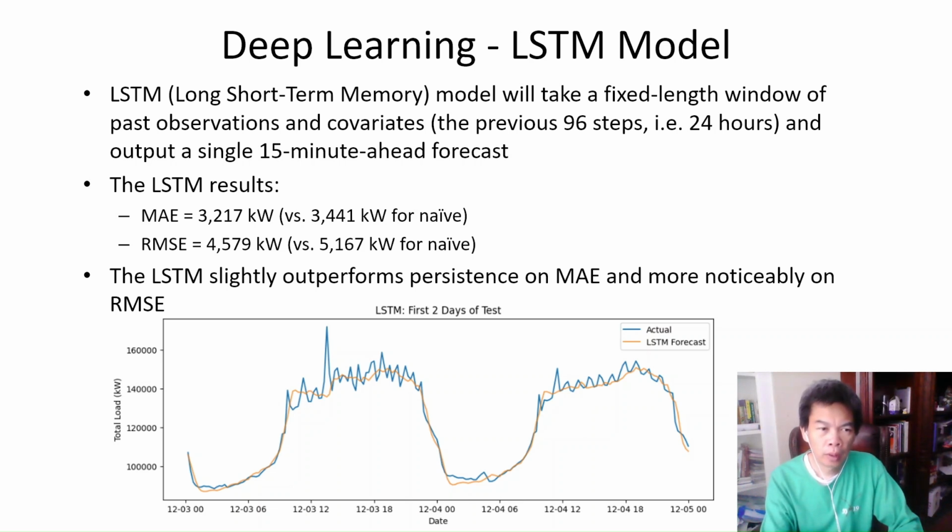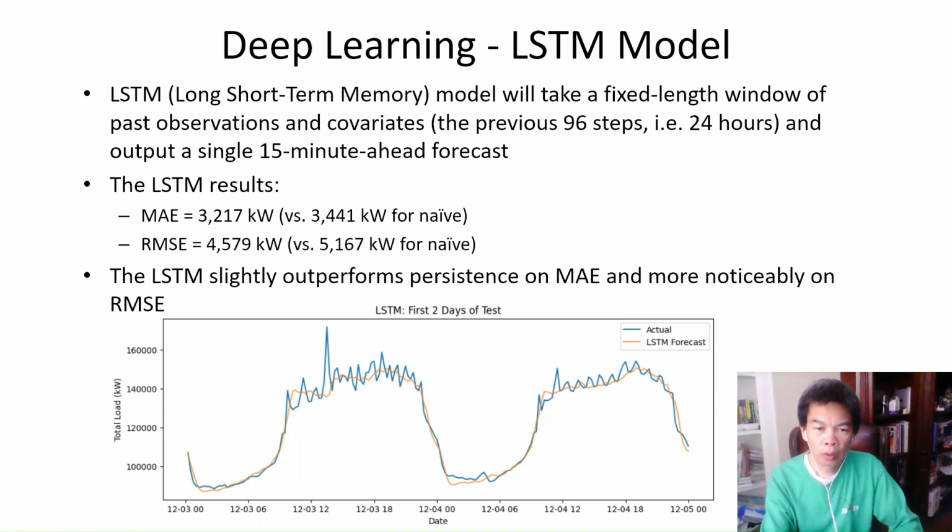So the result is a little better than the Naïve model: 3,200 kilowatts compared to 3,400 for the MAE, and RMSE 4,500 kilowatts compared to 5,100 kilowatts. So it slightly outperforms the persistence model.